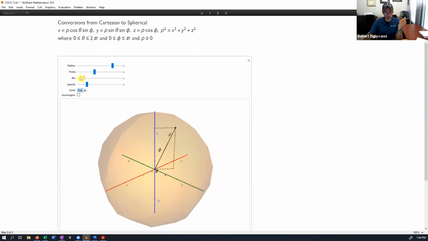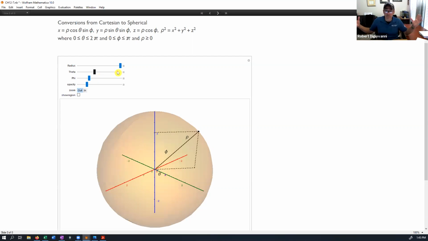The phi, remember, this is 0 for phi. So 0 for phi is straight up. If I start saying, move down or give phi an angle, like let's say pi over 4 or 45 degrees, you're going to be aimed like this. There's 45 degrees. And then rho is the actual distance you walk out. So do you all agree that I could get to any point in three-dimensional space if someone gives me theta, phi, and rho? Right? Okay, so that's spherical coordinates.